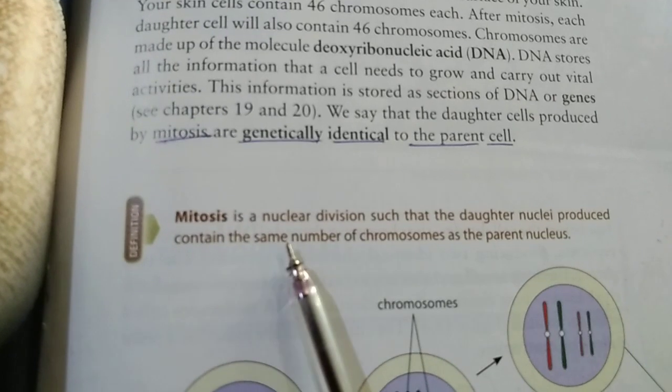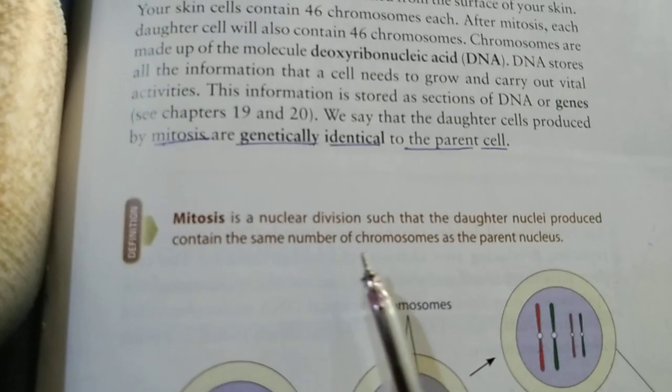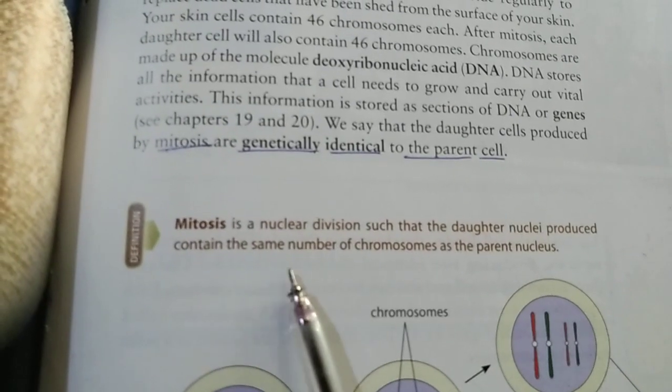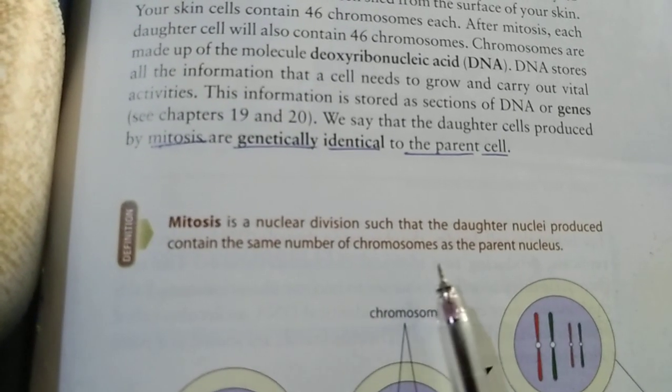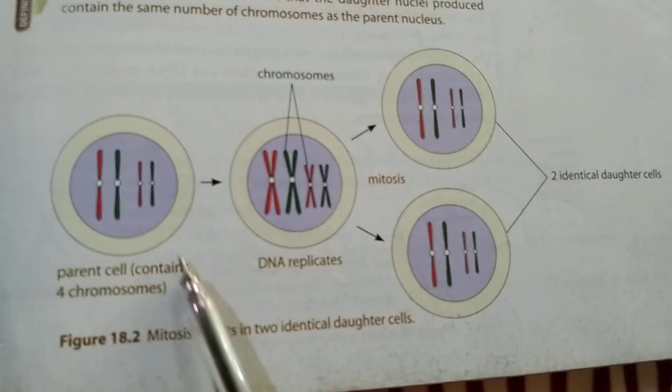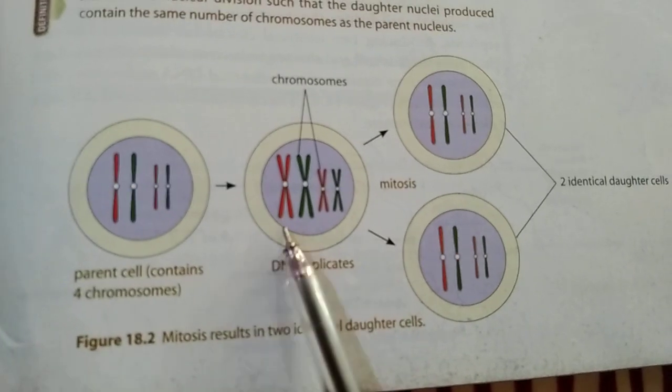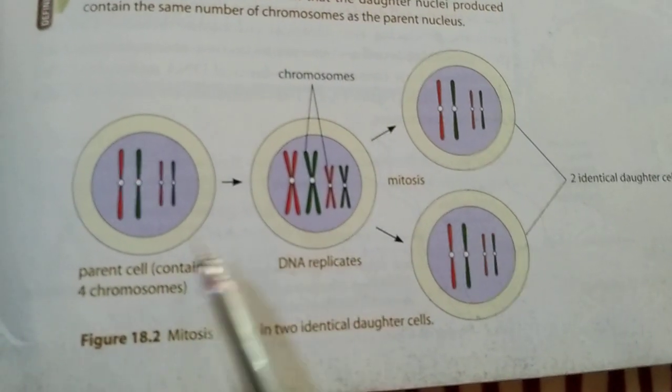Mitosis is a nuclear division such that the daughter nuclei produced contain the same number of chromosomes as the parent nuclei. Look at this diagram and try to understand the process of mitosis.